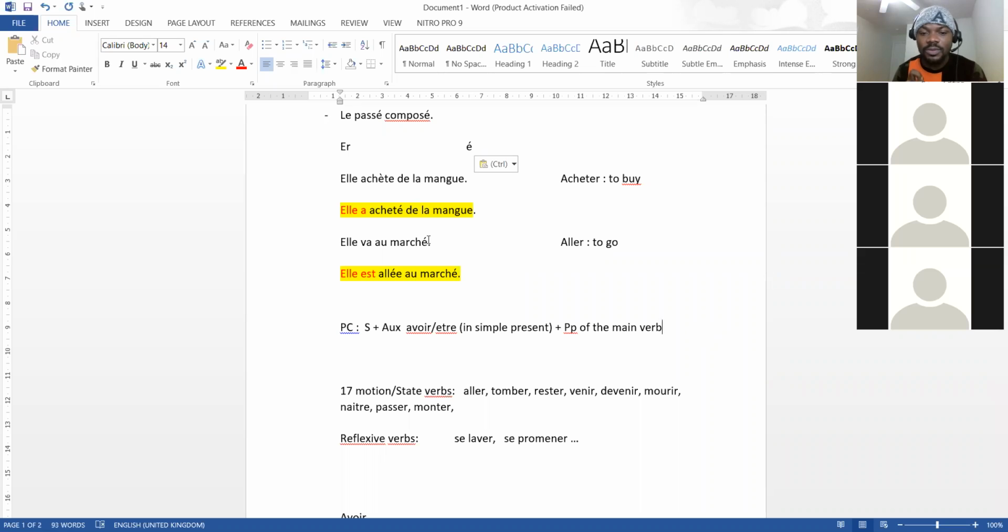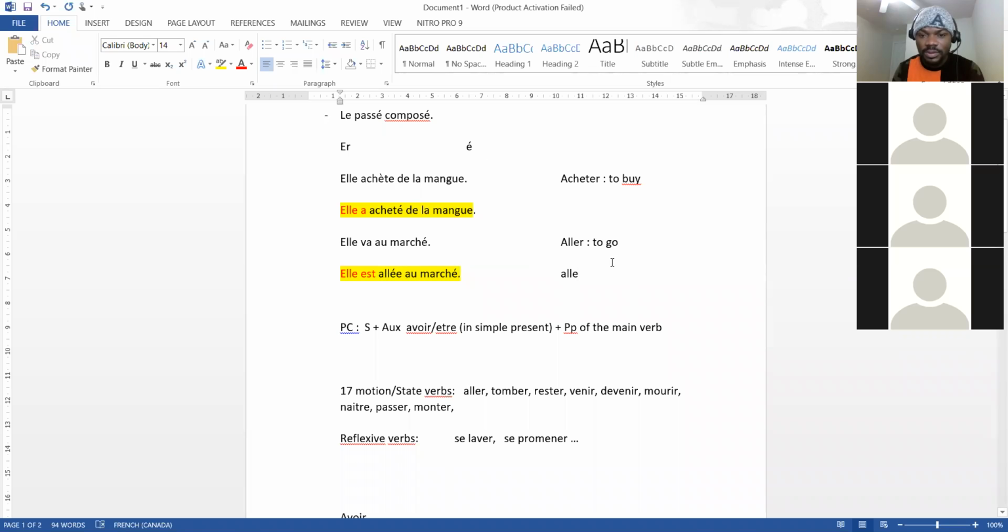passé composé works. Now, in case you notice that the verb you are going to use is one of those verbs that request that you use auxiliary être, you also use être. And I said aller, the past participle of aller is also allé, like this.